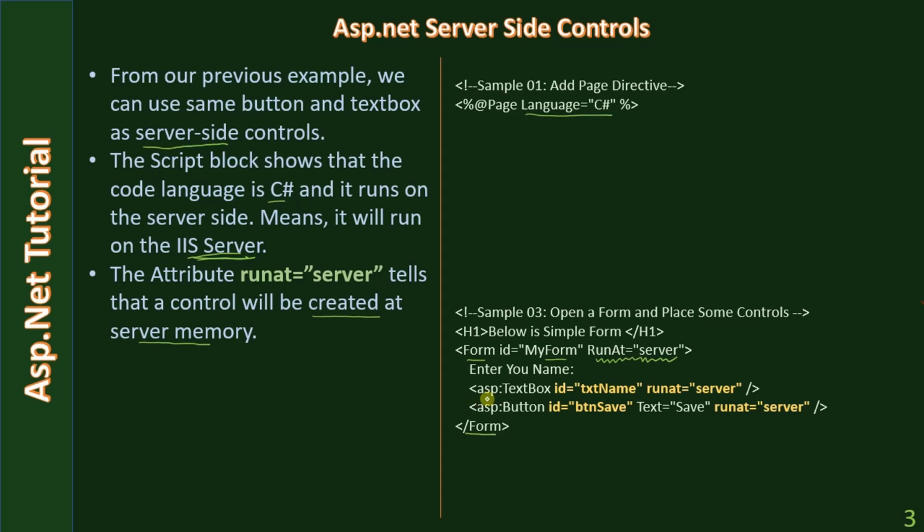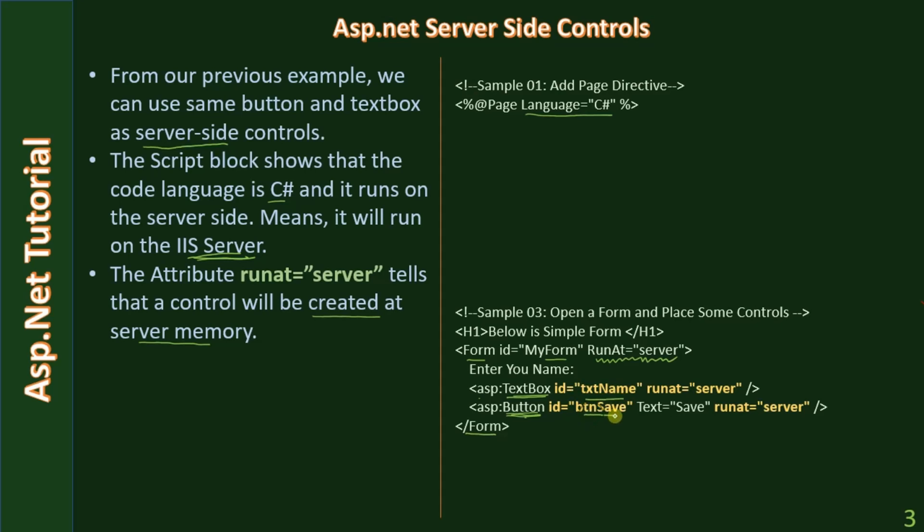for the control, here we specify asp:TextBox. That's the control name here, text box. For the second control, we specify asp:Button. So by reading this asp:TextBox and Button, the server knows that it needs to create a text box as well as button. For text box, we specify the ID.